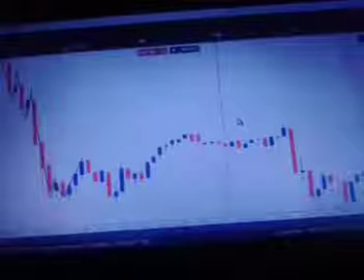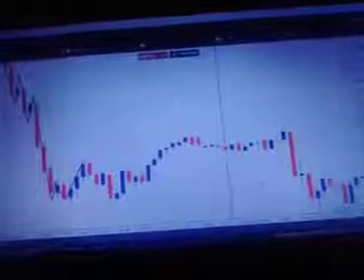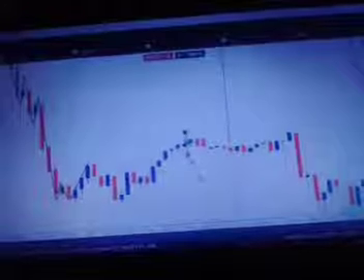So for a range market, a market which is consolidating or ranging, you can see that this is an example of a ranging market, like this part in the box, where the market was just going up and going down.